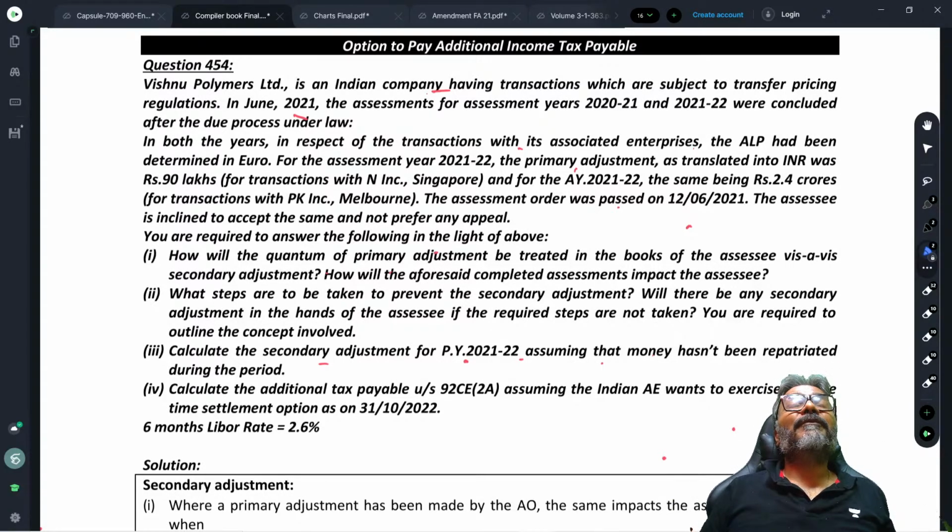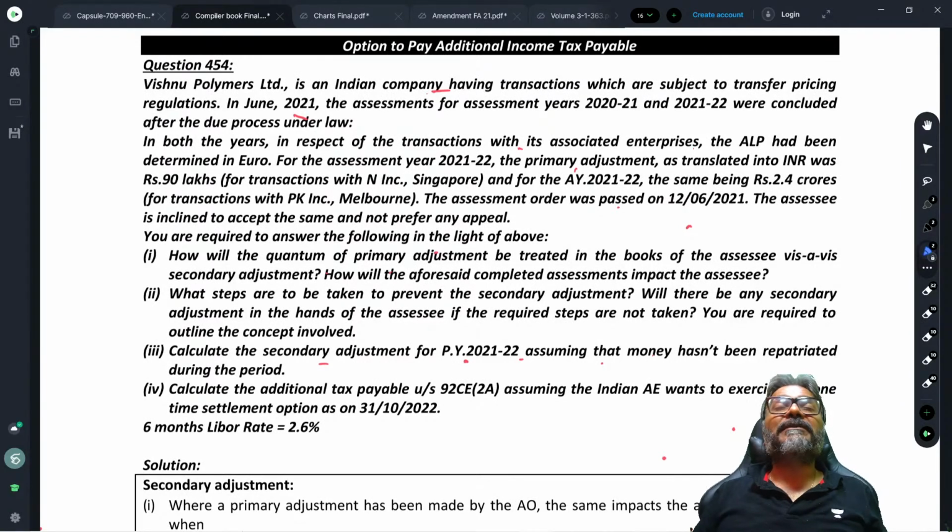You will have to bring this money back in India within a period of 90 days from the relevant date.